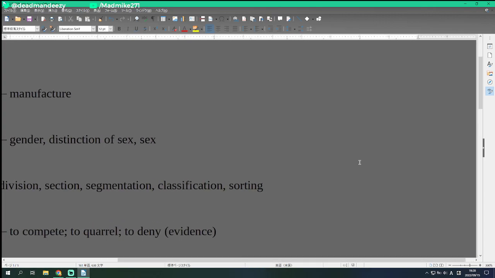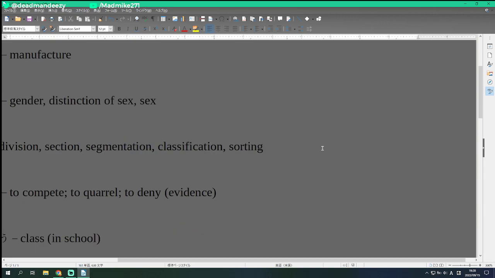Our first word for the day was sakusei. Saku on the left side for to produce, and sei on the right side for to manufacture. Sakusei is to manufacture. Gender distinction of sex or sex itself: your sex or your gender is your seibetsu, sei on the left side, and betsu on the right side for distinction or diversion.